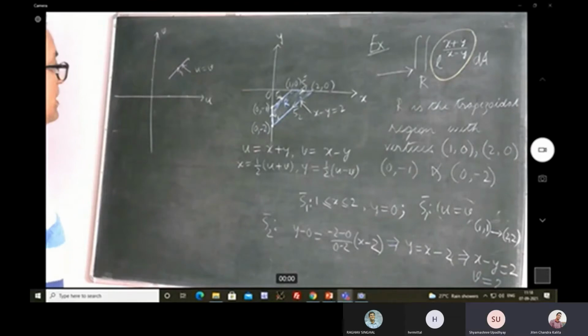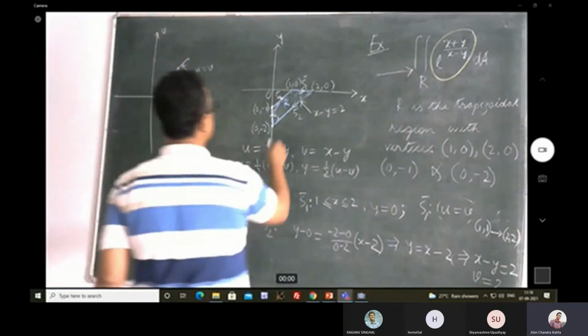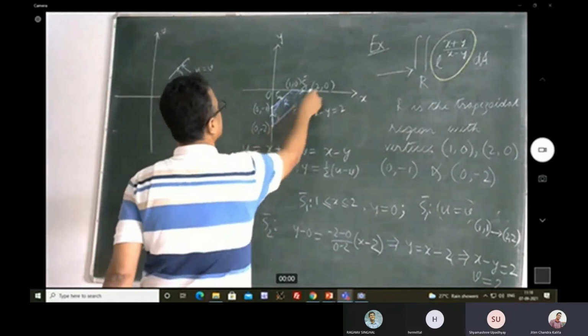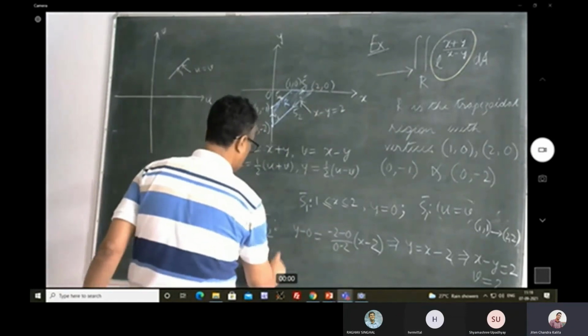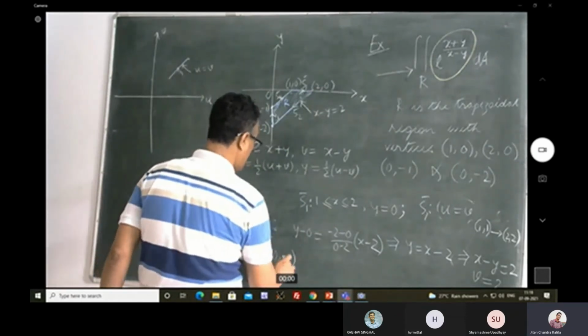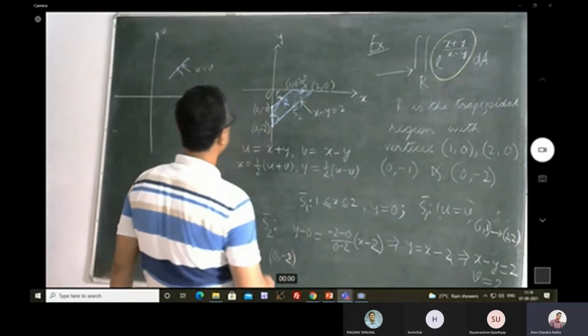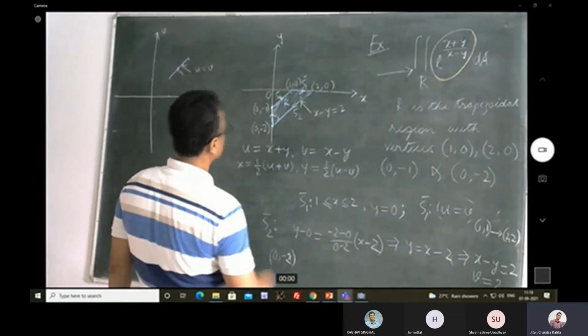And then if v equal to 2, again here you can see that this straight line extends from 0, minus 2 to your 2, 0.